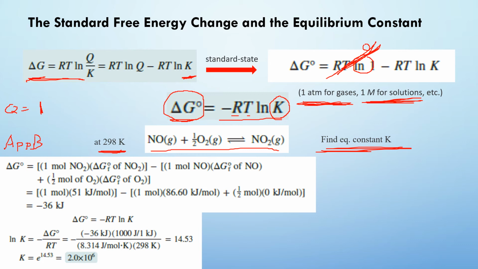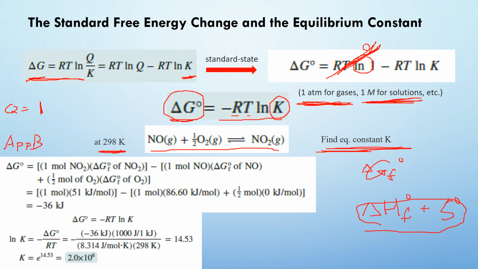Remember, in chapter 20.3, there are two ways to calculate this standard delta G. We can either use the standard delta G of formation, that's the first approach. The second approach is combining the delta H of formation and the standard molar entropy, so we need to use both of them.